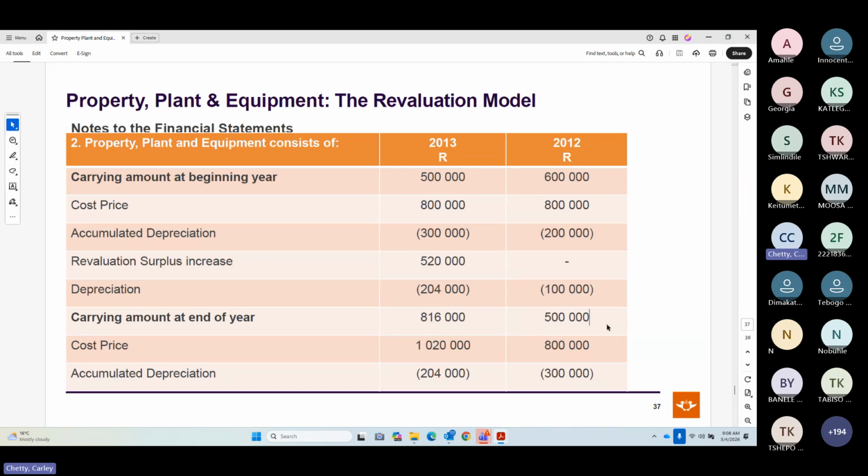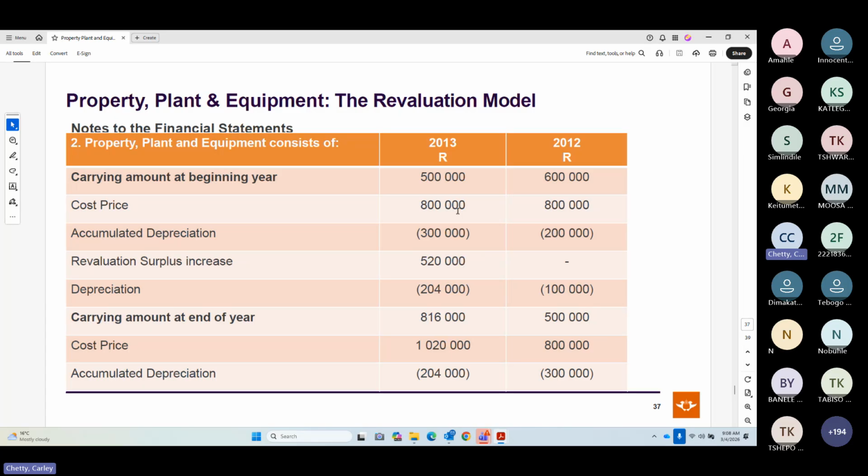So the closing balance at the end of 2012 is the cost price of 800,000 minus the accumulated depreciation, which is made up of the opening balance of 200,000 plus the current year movement of 100,000. So that gives us accumulated depreciation of 300,000. So we take the cost price of 800,000 minus the accumulated depreciation of 300,000, and that gives us the carrying amount of 500,000. Then the closing balances for 2012 now become the opening balances for 2013.